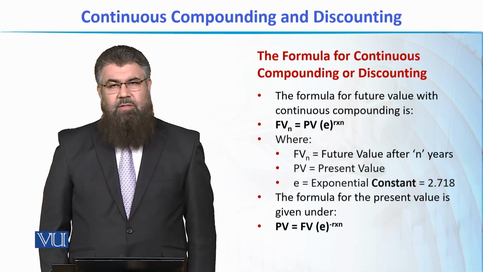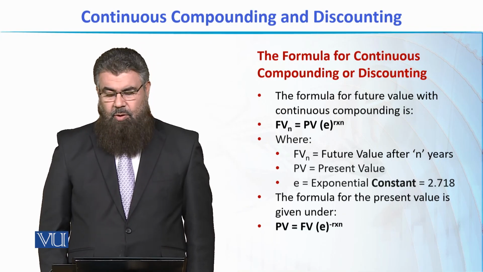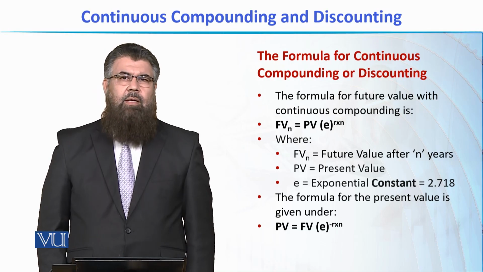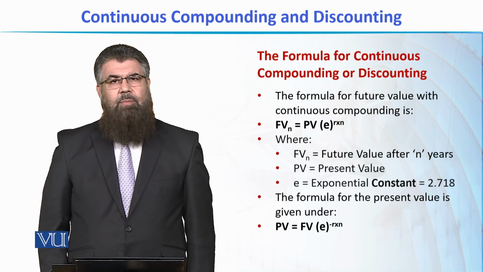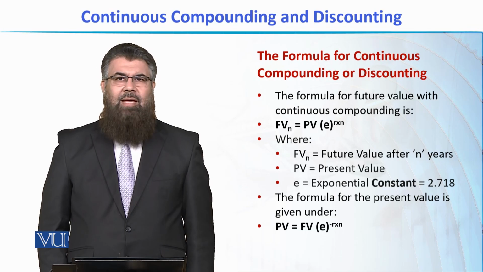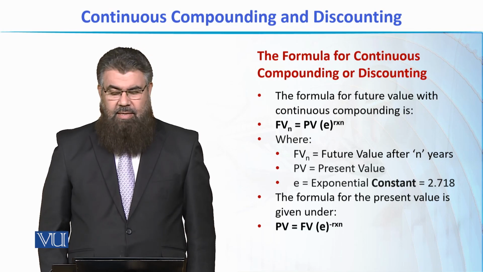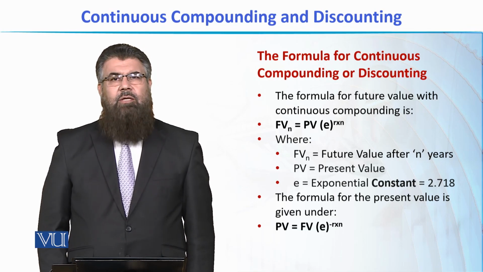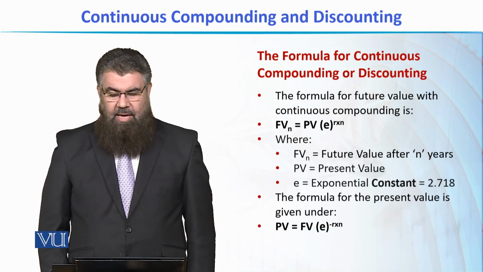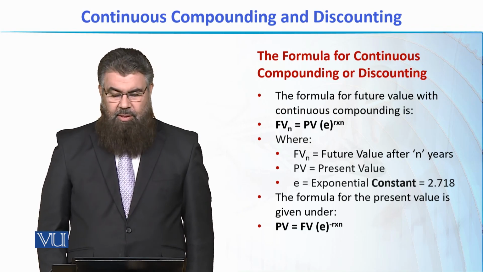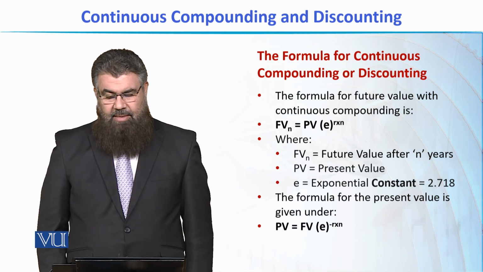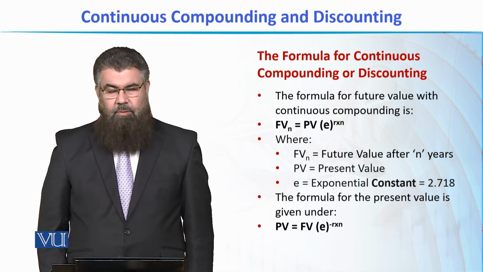So the value of this exponential constant is 2.718. So what we do is we multiply the present value with this exponential constant and take its power as the product of the rate of interest and the number of years or compounding periods, and what we get is the future value.